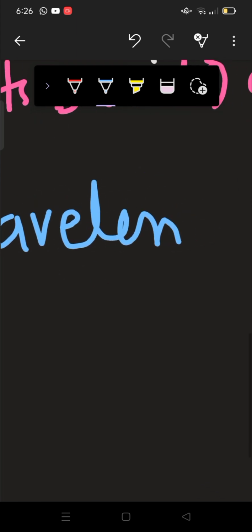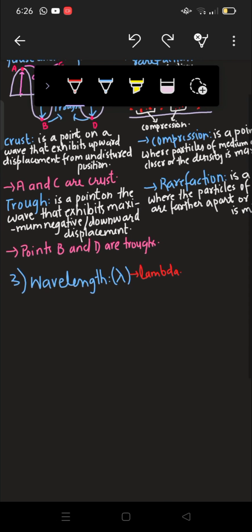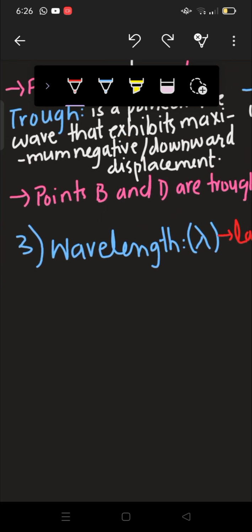After wavelength I'll end this video, and the remaining characteristics we'll discuss in the next video. Wavelength is generally represented by this sign, which is known as lambda. Lambda is a Greek letter. We have alpha, beta, lambda, gamma. Wavelength is represented by lambda.